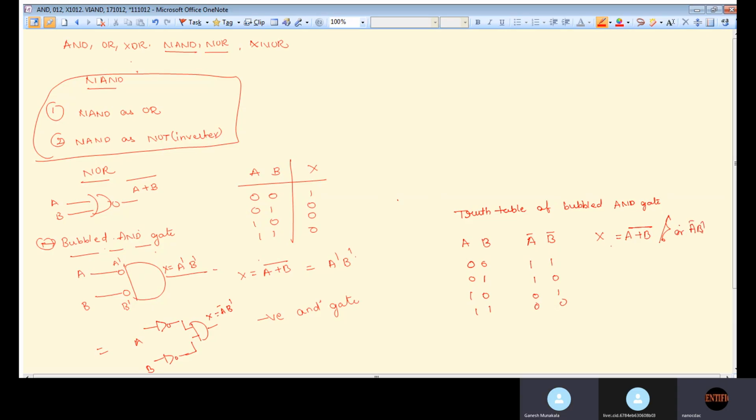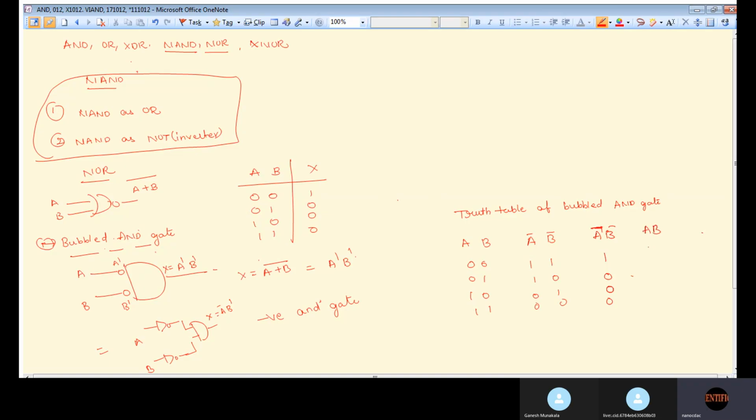So what is this? 1 plus 1 is 0. A bar, B bar, because it is a bubbled AND gate. So 1 and 1 is 1, 0, 0, 0. What are the outputs that you are getting?